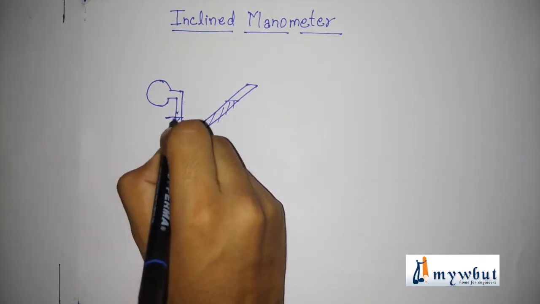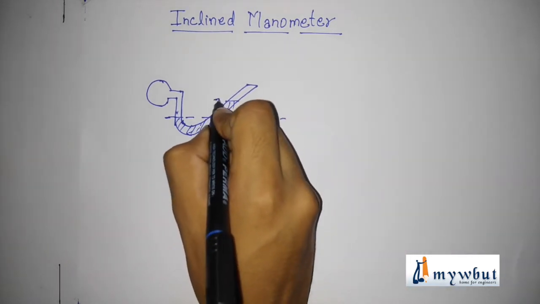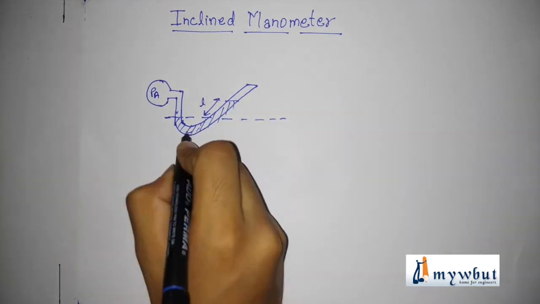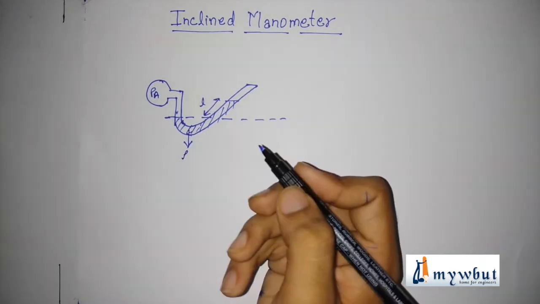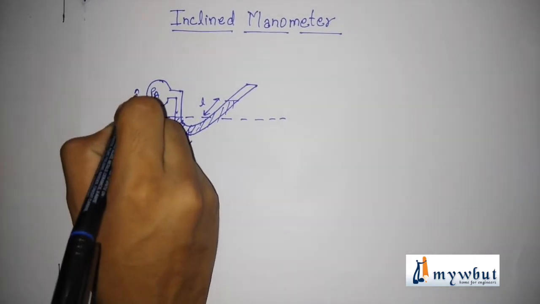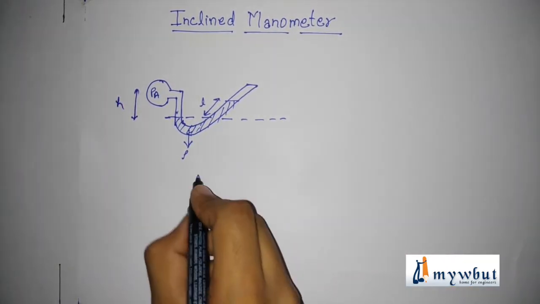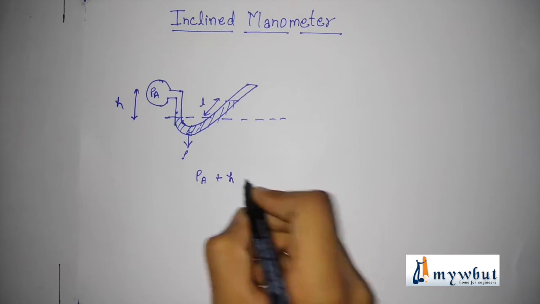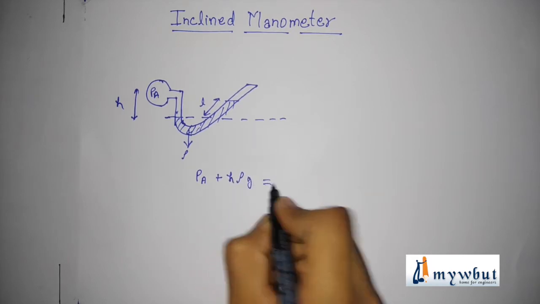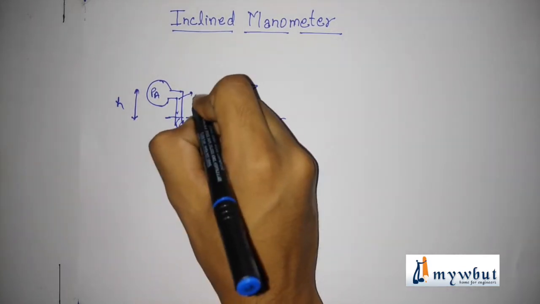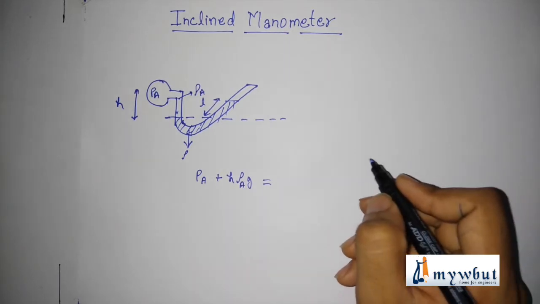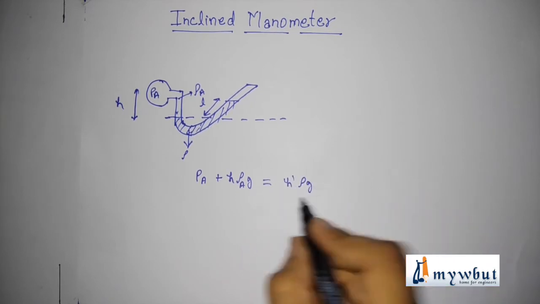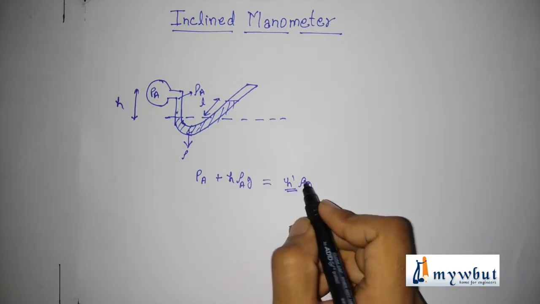If this is the datum line and L is the length along the inclination, PA is the pressure here, the density here is rho, and the height from the left side is h, then PA plus h rho A g will be equal to h dash rho g, where h dash is the vertical length of the inclination.